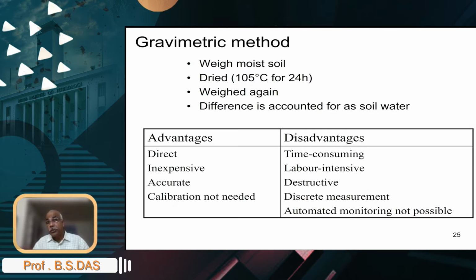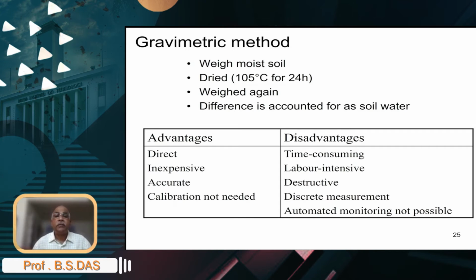for monitoring and to know the temporal changes, the dynamics of the soil wetness, how it changes with time, and also space, because you cannot cover the whole area. It will be very labor intensive.